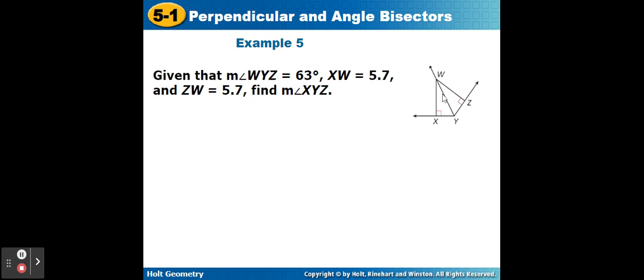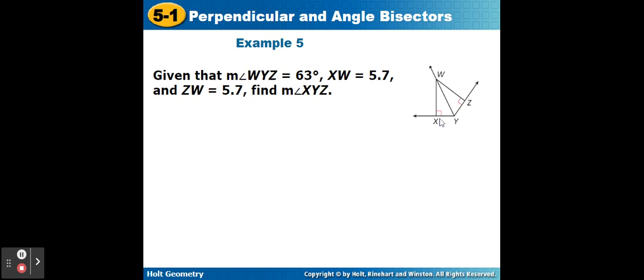Here we have another example of an angle bisector theorem. XW and ZW both have the same measure, and therefore we have congruent triangles by, again, hypotenuse leg.